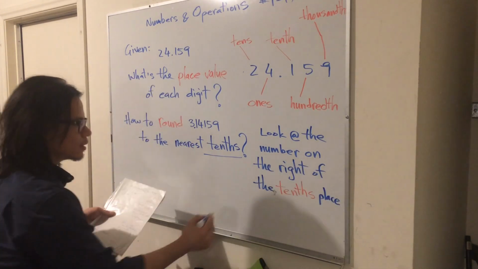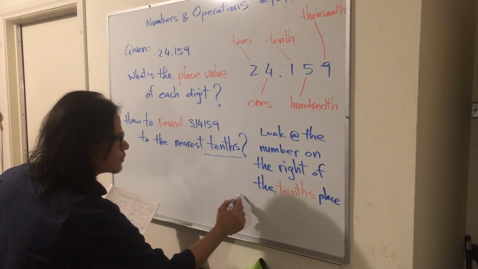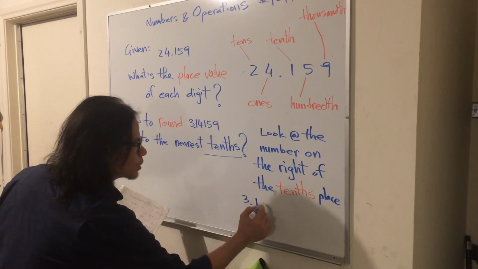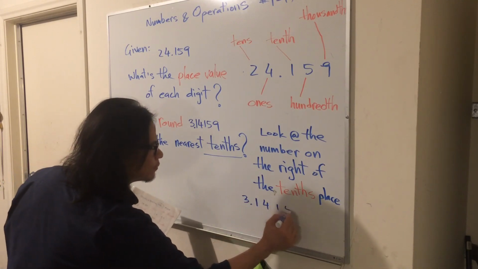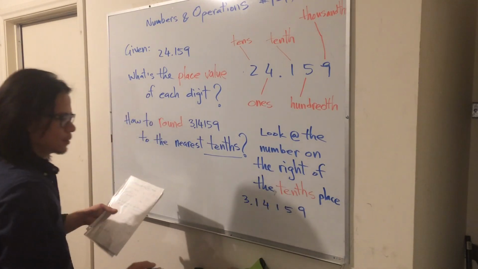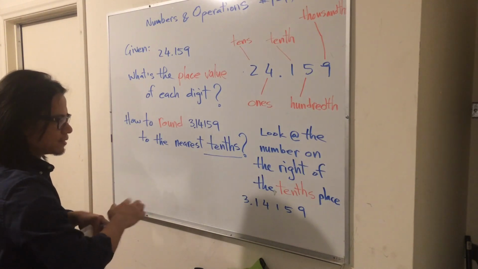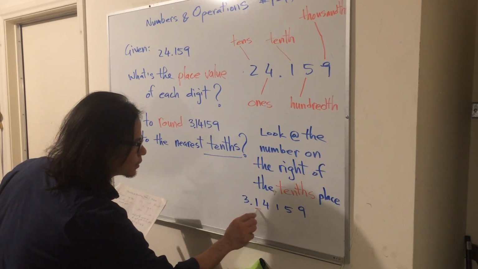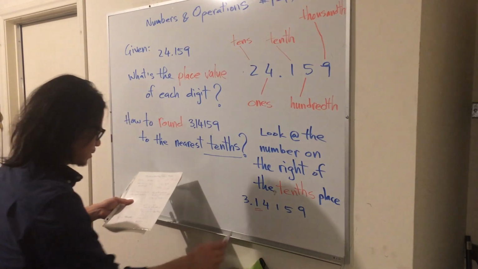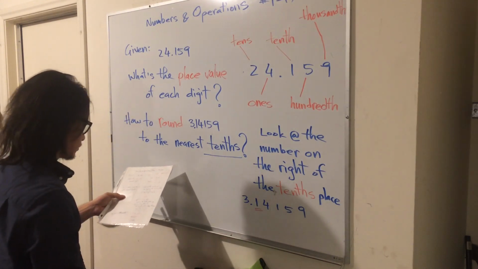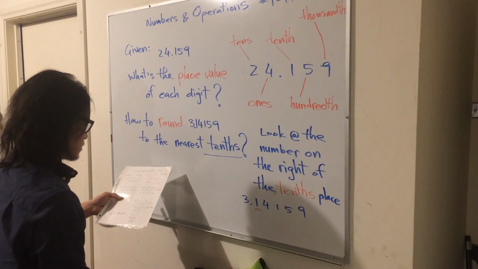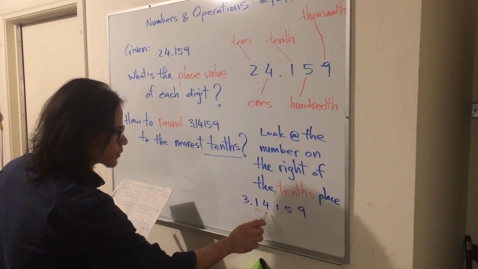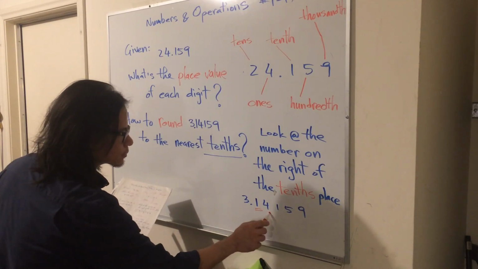Okay, so let's identify the tenth place in the number 3.14159. Okay, so if you guess that the tenth place is the 1 here, you are correct. So the number on the right side of the 1 is 4, right?